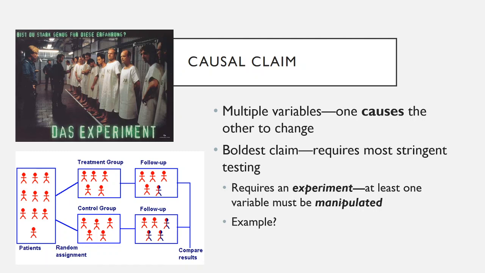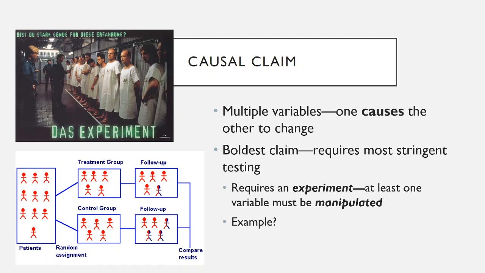Okay, so in order to make a causal claim, you have to do an experiment that involves the manipulation of at least one variable. A classic example of an important experimental paradigm is your treatment versus control group condition. In order to test the effectiveness of any sort of treatment, be it a medical treatment or a therapeutic treatment, randomized controlled trials are done to evaluate the effectiveness of that treatment.